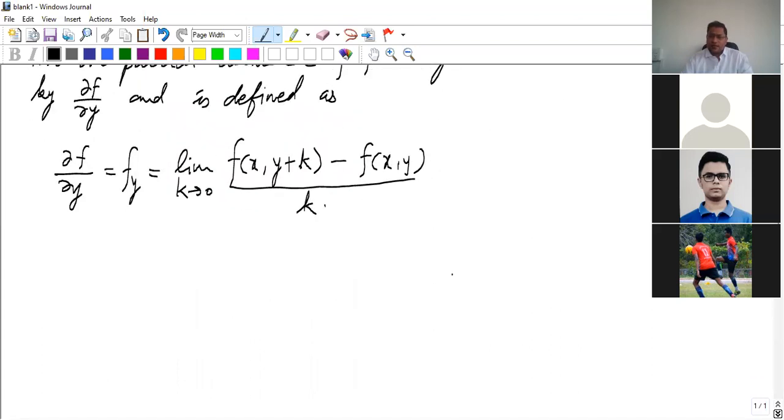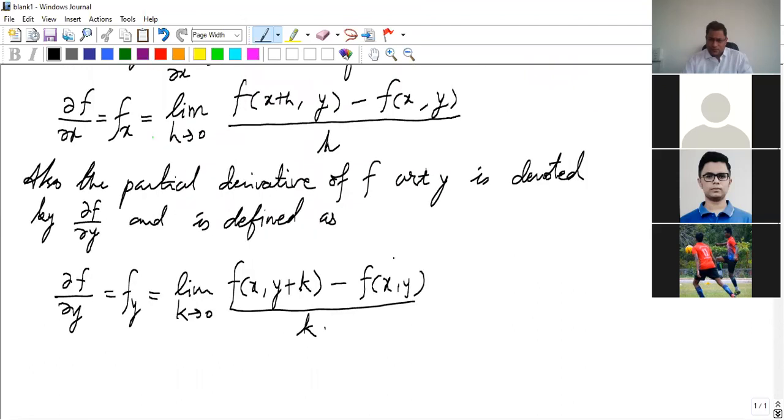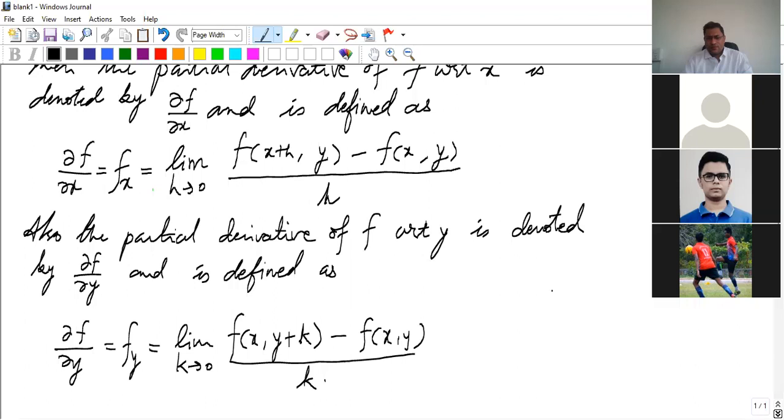As normal differentiation represents the slope of the curve, what does partial differentiation represent graphically? It is now a surface. When we consider x and y, it is going to be a surface, and we can say the tangential surface.